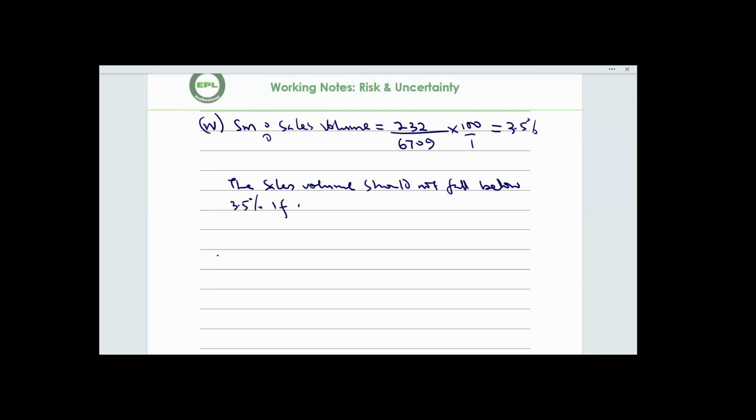If not, the investment proposal will not be viable. Okay, so that's our interpretation.